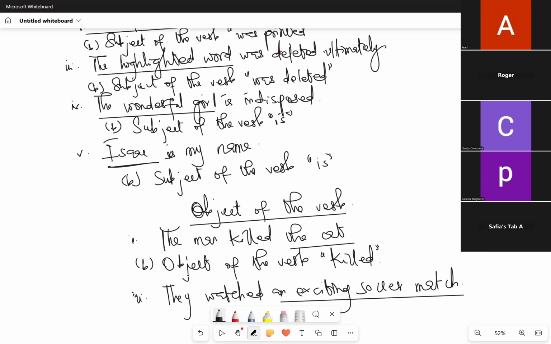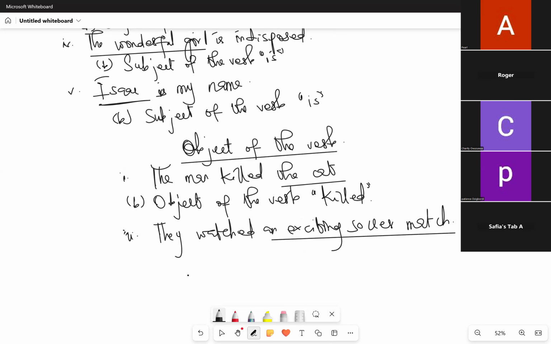When the underlying word comes after the main verb, it acts as what? Object. Right? Yeah, so this is what? Yes, sir. Object of the verb watched, right? Watched.